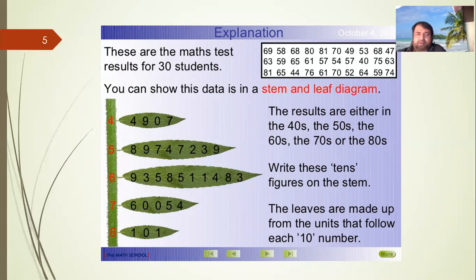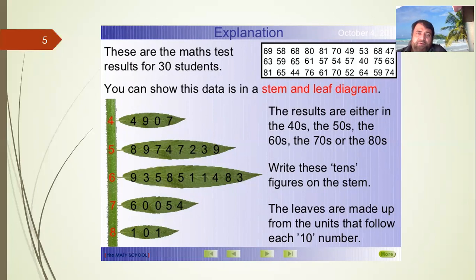Here we are using leaves to just one side, the right side. The leaves carry the unit place value of every data point, and the 10 place value stays in the stem.